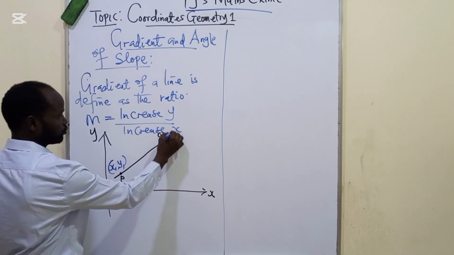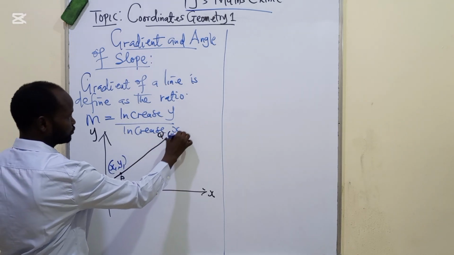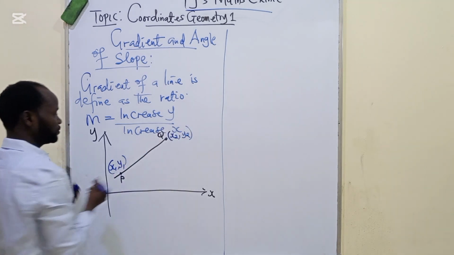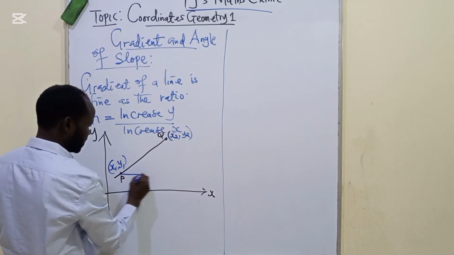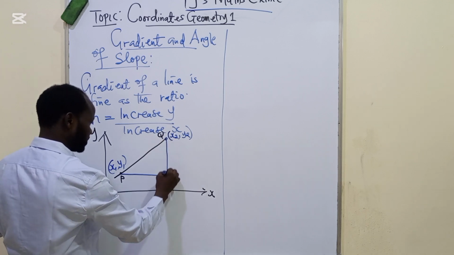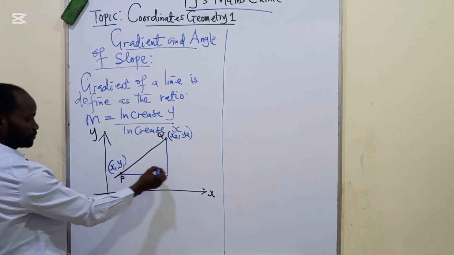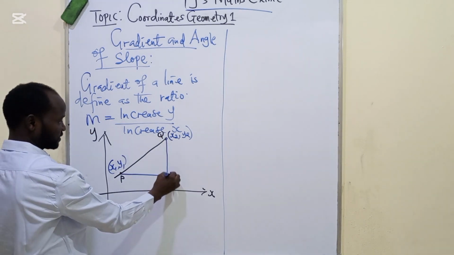Then at this point Q, we have x2, y2. If I decide to draw another line here, I may label this place as R.